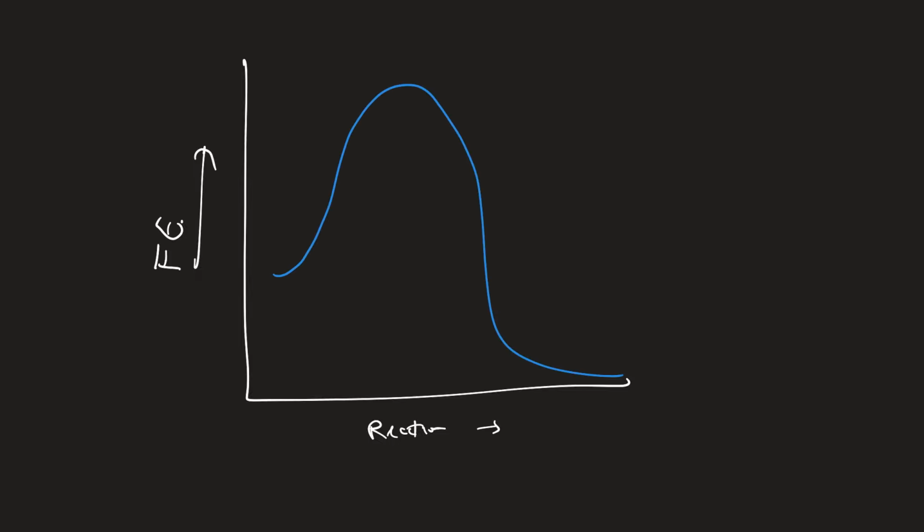Now, in terms of energy profiles, if you have your reaction going this way, and your free energy going up this way, consider an uncatalyzed reaction. This may be an example of an uncatalyzed reaction. Now, if you take that same reaction and add a catalyst to it, it may look something like this.